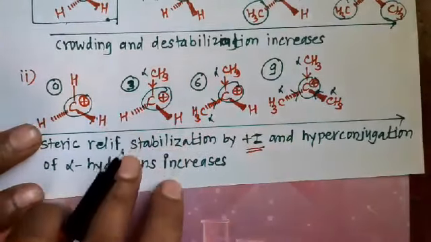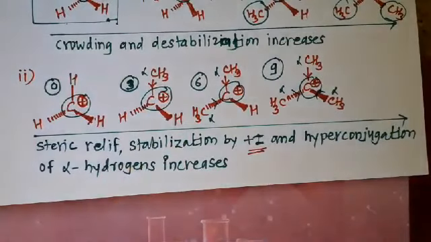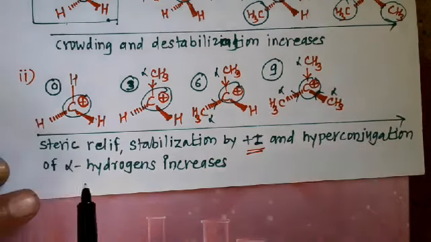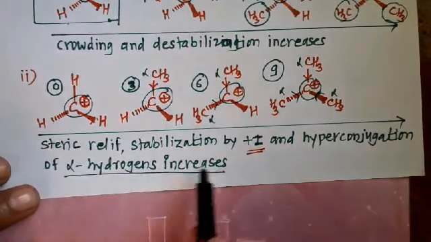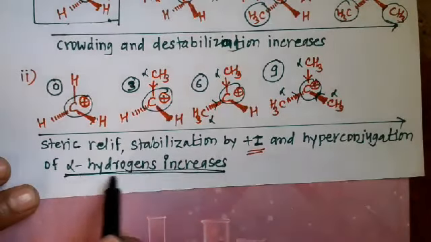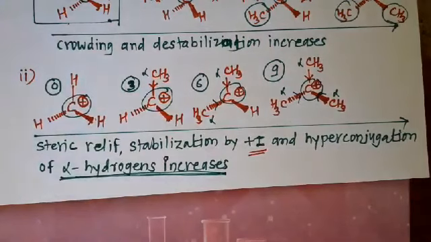And we know that as hyperconjugation increases, or hyperconjugating structures increase, stability also increases. These hyperconjugating structures are due to the presence of alpha hydrogens, and as alpha hydrogens increase, hyperconjugation increases and stability also increases. What are alpha hydrogens? The hydrogen atoms which are attached to the alpha carbon.